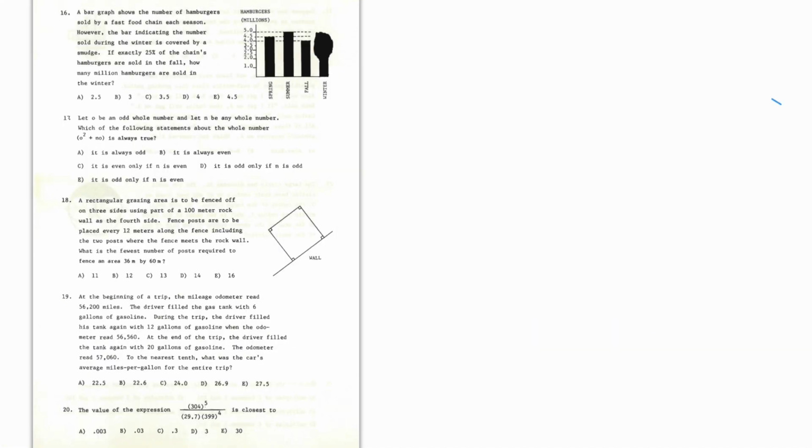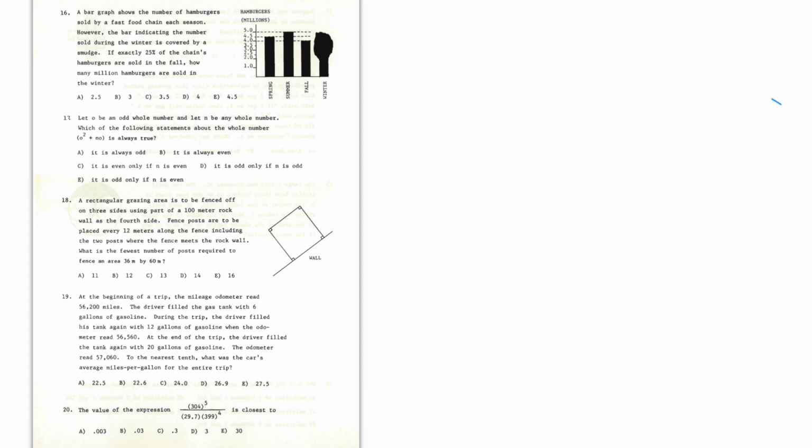Number 16. A bar graph shows the number of hamburgers sold by a fast food chain each season. However, the bar indicating the number sold during the winter is covered by a smudge.